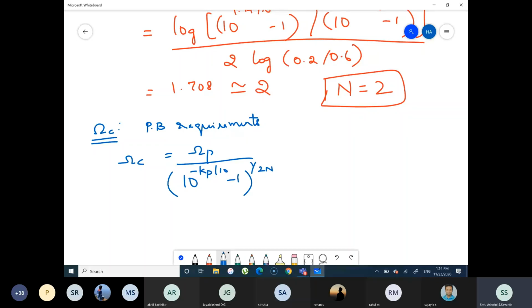Yes, do that. So omega p, 0.2 pi, divided by (10 raised to the power 1.94 divided by 10, minus 1) to the power 1 by 2n; n is 2, therefore 1 by 4.